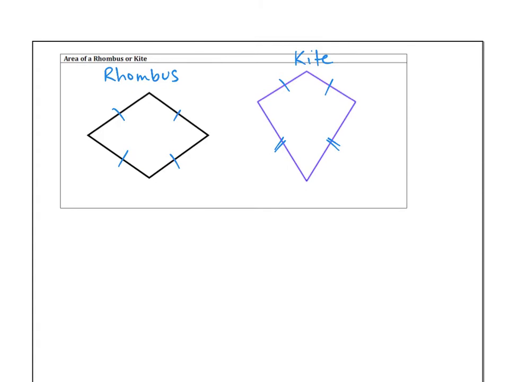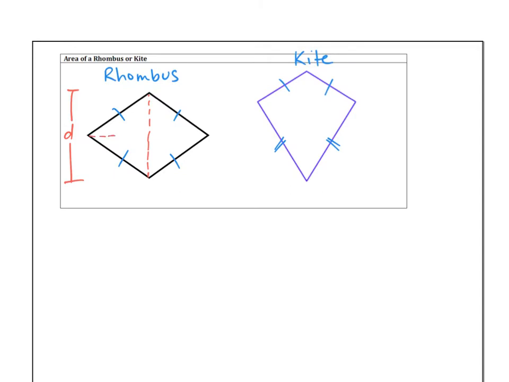Now, in order to calculate the areas of rhombi or kites, we use the diagonals. Now, the first diagonal is going to go from one vertex to its opposite vertex. So from here to here could be considered diagonal 1, the length of that dotted red line.